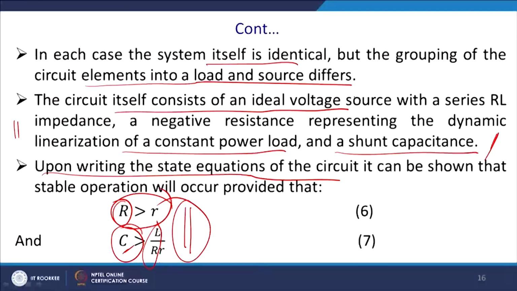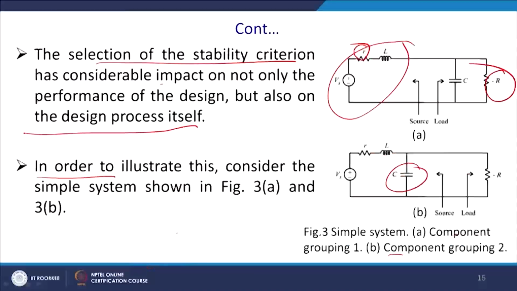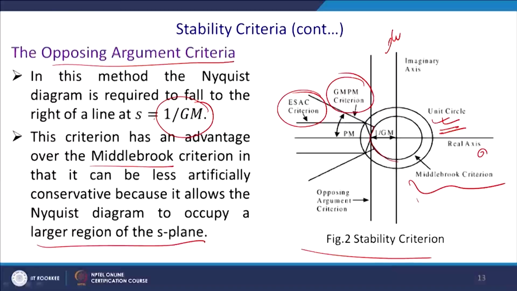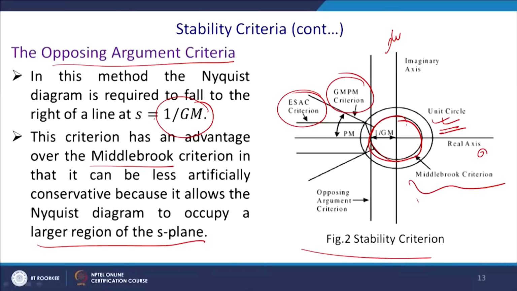So, it is an oversimplified model, but in this oversimplified model, if this criteria is considered, then this gain margin phase margin model will be satisfied. And in case of this Middlebrook approach, that is a conservative approach, you require to operate your model within this inner circle. Instead of that, you can go to the outer circle if you consider your system for the gain margin and the phase margin model.